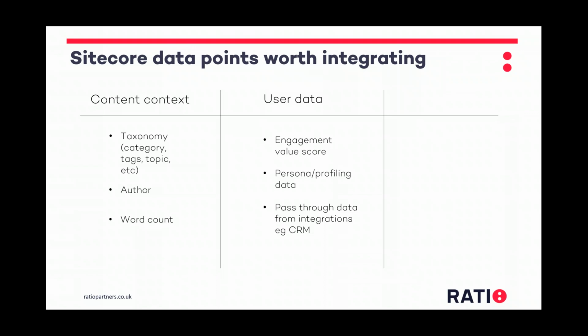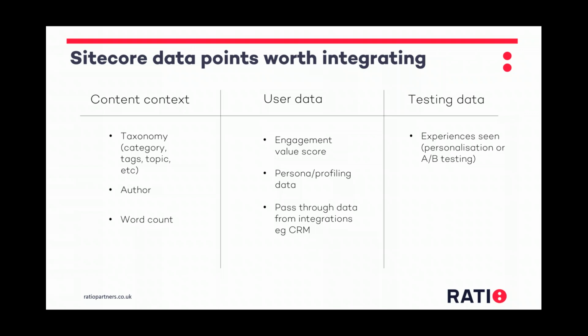You have data that you can push in, as I said, around the engagement value score, what persona people fit into. If you have a more sophisticated Sitecore implementation and you're already integrating it with your CRM, for argument's sake, or you have other data that's feeding into the Sitecore databases, then you could pass that through as part of the integration as well.